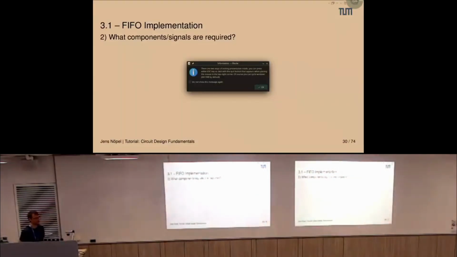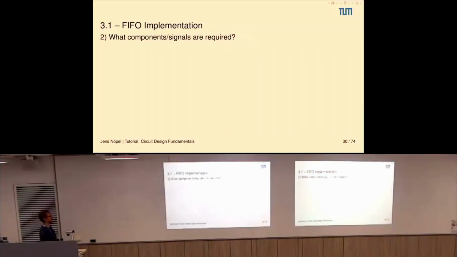All right. I would say let's shortly have a look at how to implement a FIFO. You first definitely need some kind of memory. You could either use flip-flops or BRAM, because you want to store data, right? So some kind of storage element is needed. What storage element it is more or less doesn't matter.